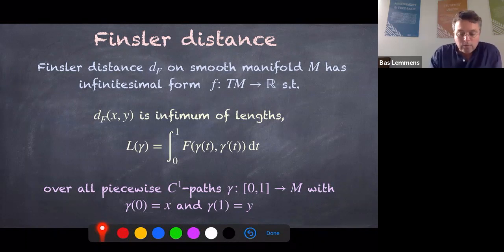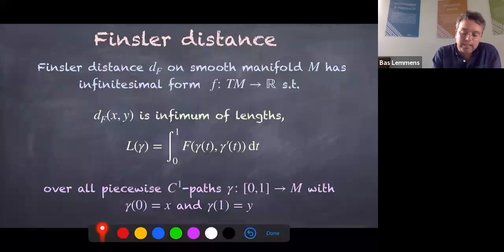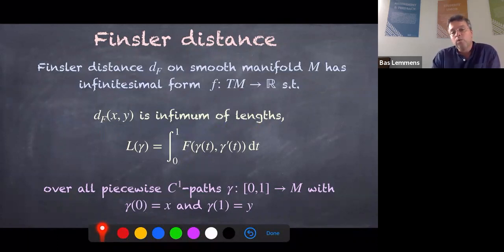So for me, a Finsler distance on a smooth manifold is just a distance that has an infinitesimal form, so f on the tangent bundle, such that the distance is actually expressed as an infimum of lengths, which are given by this integral, where the infimum is taken over all piecewise smooth C1 paths connecting x and y.